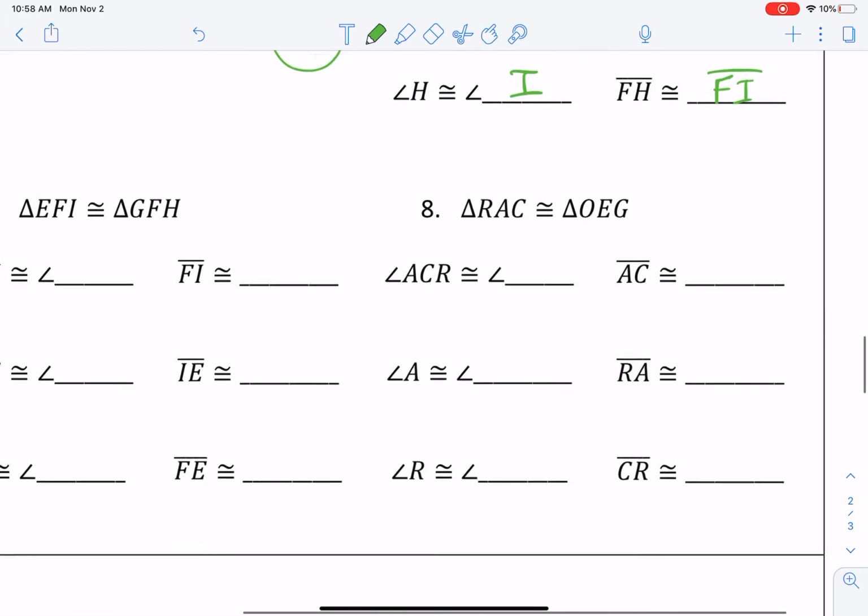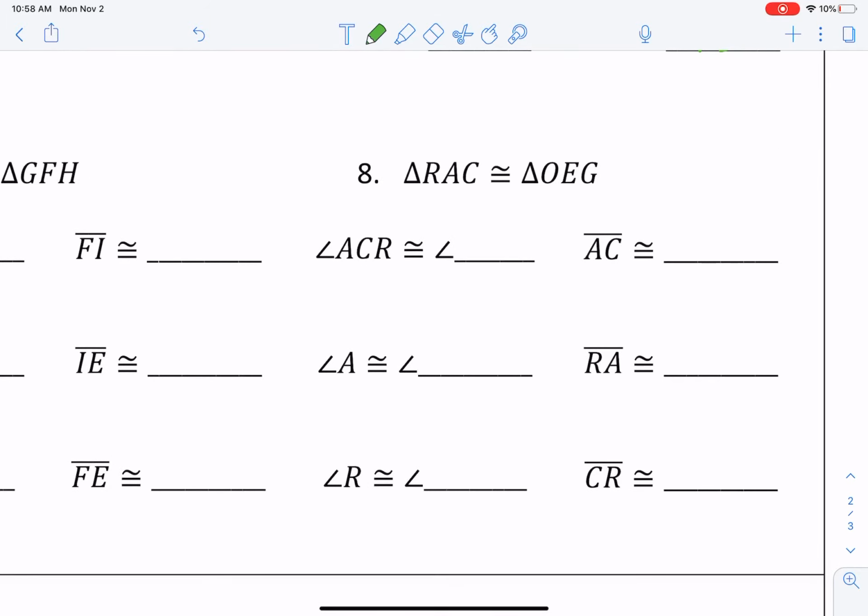When we look at number 8, there's no picture to go through. So I need to be able to do this without a picture. So when we start with angle ACR, then that matches EGO. Side AC matches EG.